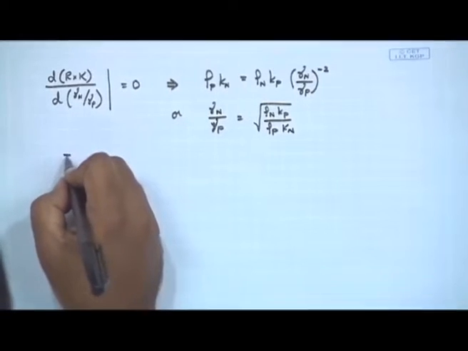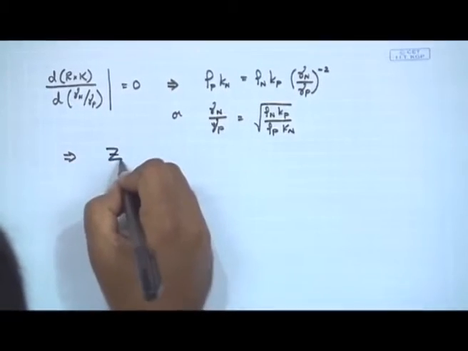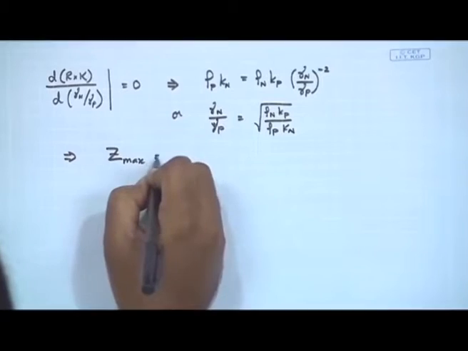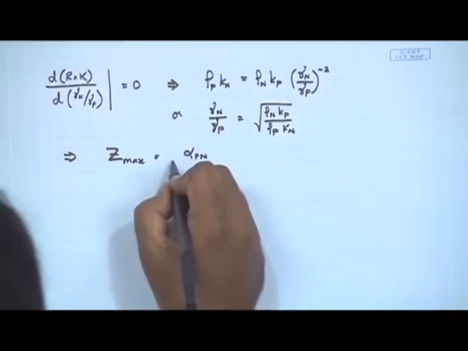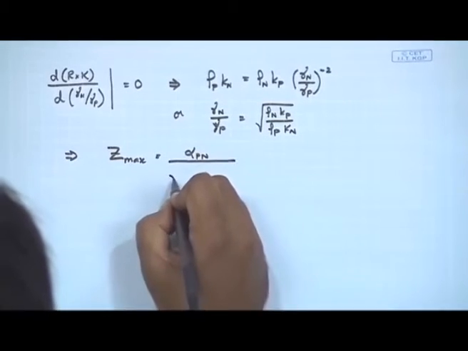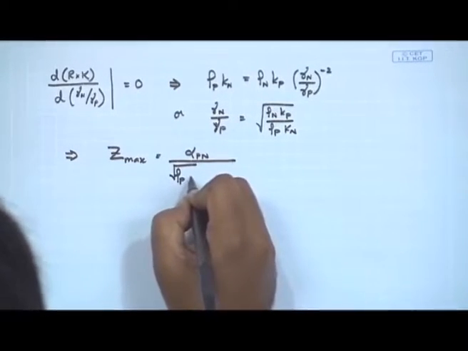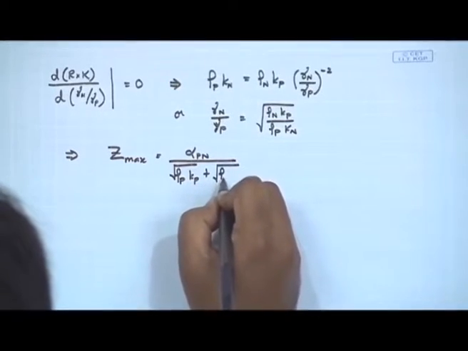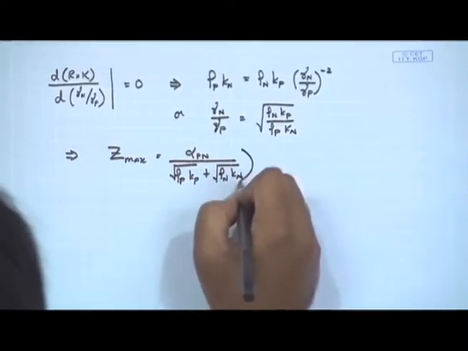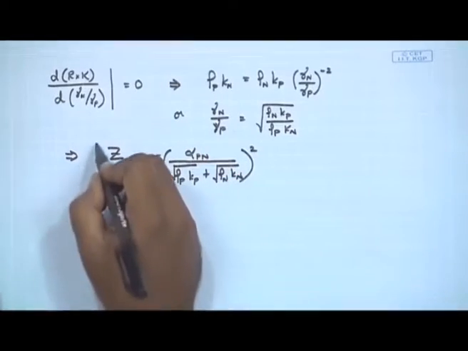Okay. So, this implies that Z max corresponds to alpha p n squared divided by, a very nice expression, the square root of rho p k p plus the square root of rho n k n, this whole thing squared.